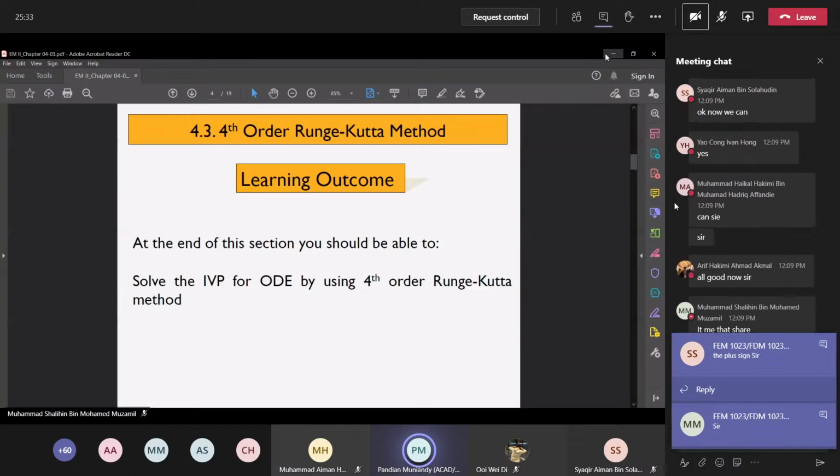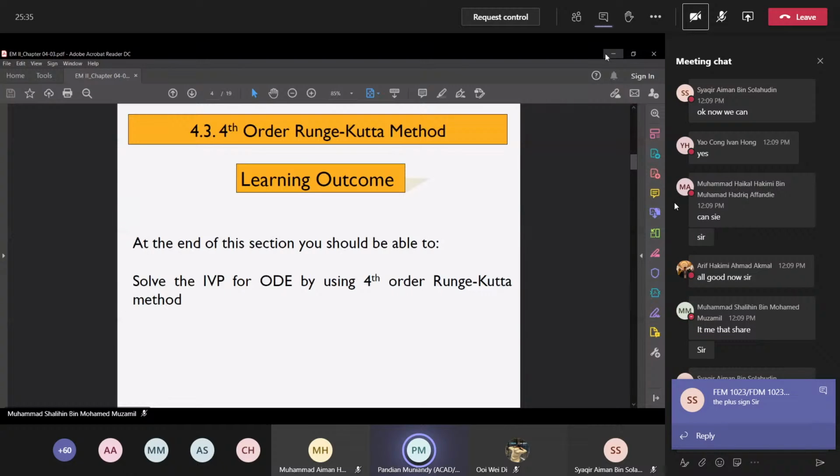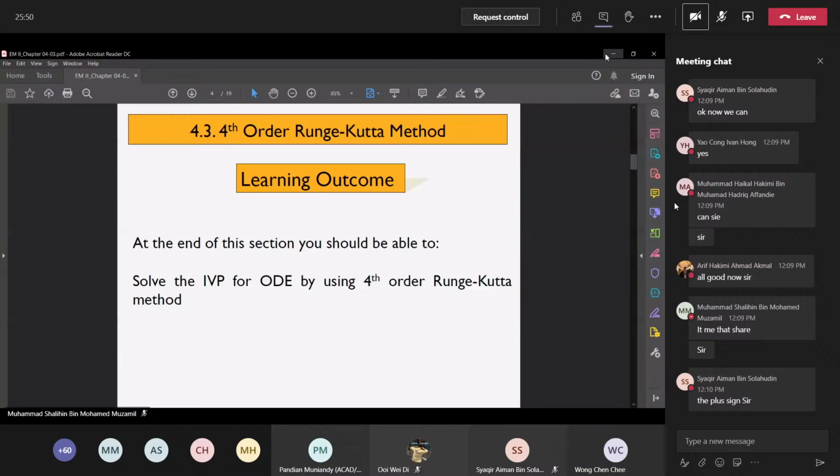Beside the percentage, click the icon on the top bar, the squarish thing. I cannot move the slide. It's stuck.